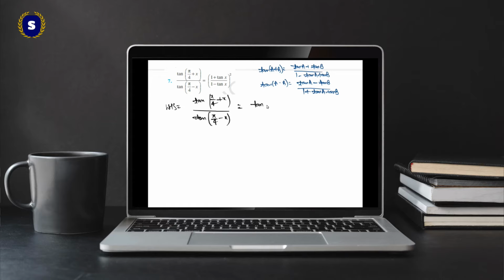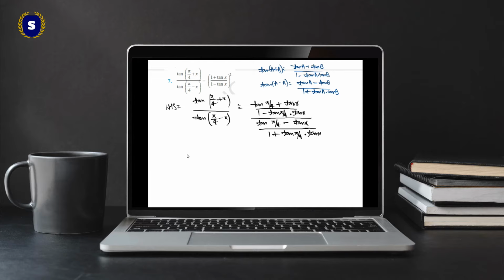Tan pi by 4 plus tan x upon 1 minus tan pi by 4 tan x, whole divided by tan pi by 4 minus tan x upon 1 plus tan pi by 4 tan x.